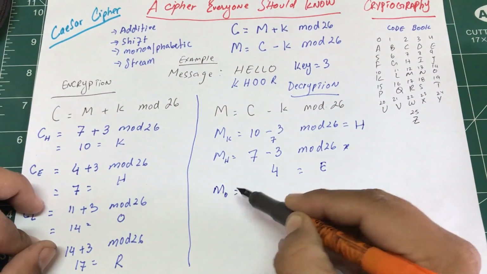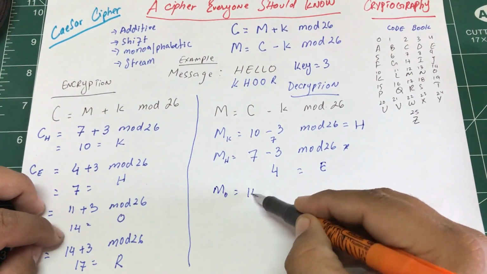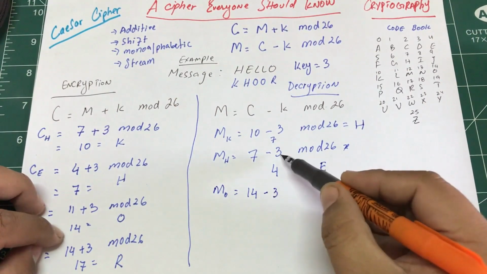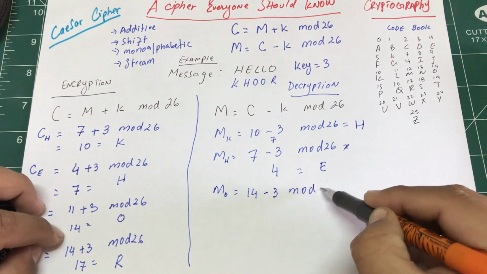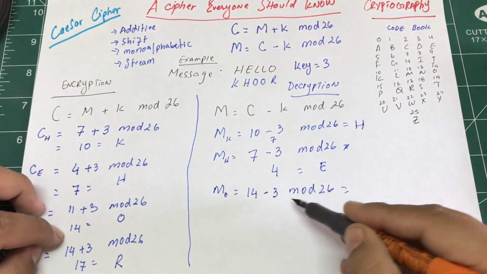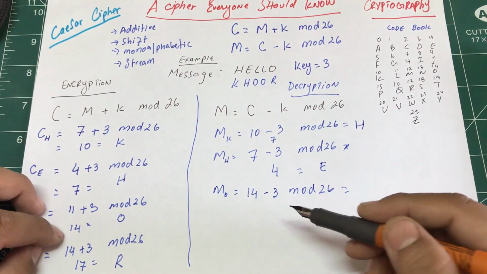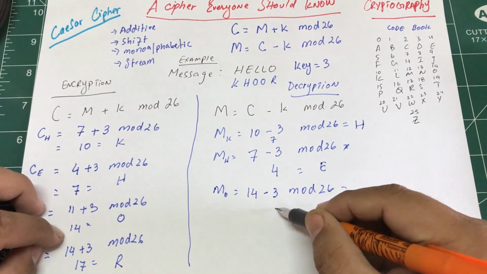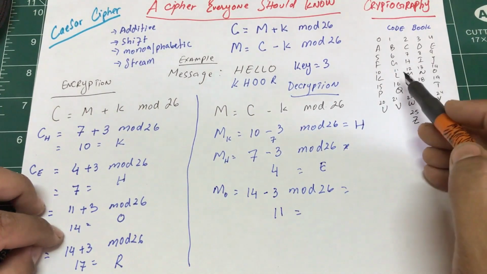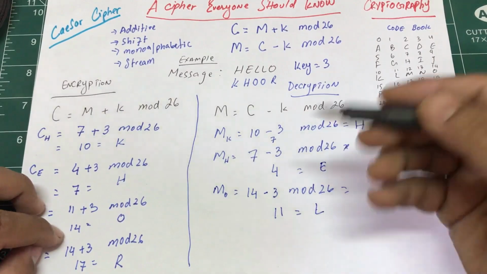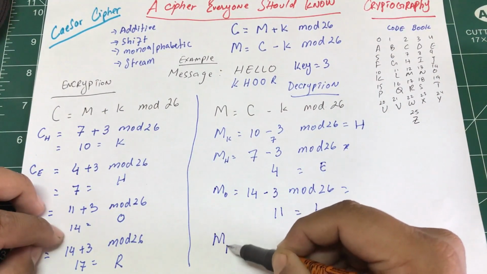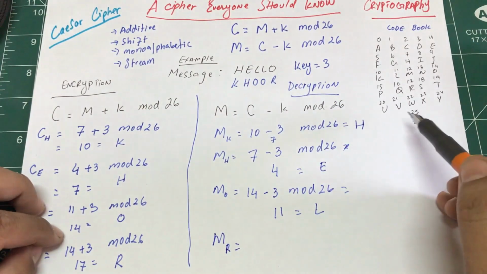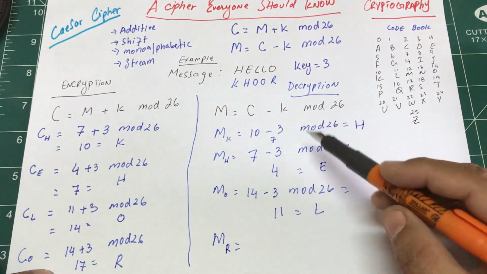I'll do the same for O. So MO, what is the value of O? It's 14. 14 minus 3, which is actually your key, mod 26. So 14 minus 3 is actually 11. So this is 11, and 11 corresponds to L, and there are two of them. So I don't need to repeat the same thing. And MR is going to be, R has a value of 17 here.